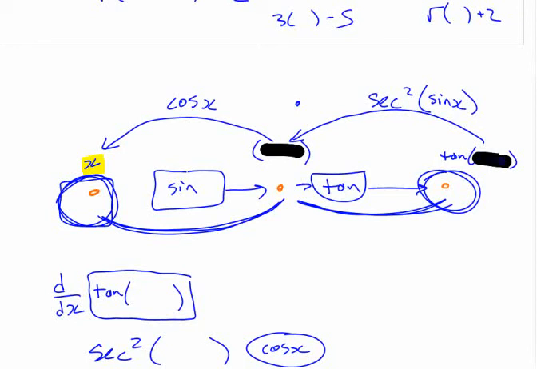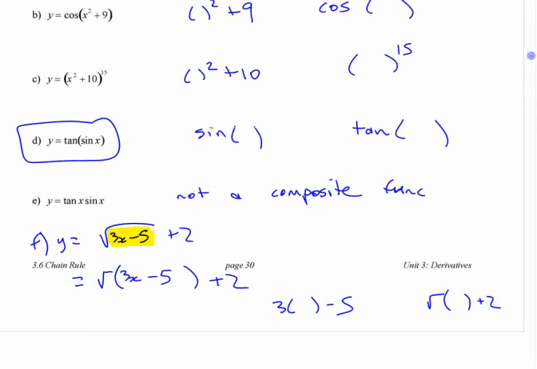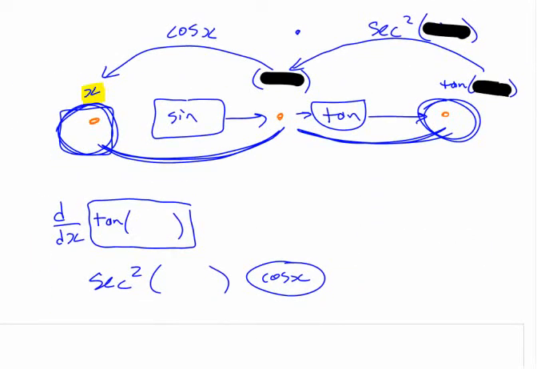Tangent of something is secant squared of that something. Then you look at what that inside function is and how it compares. So you're doing it in two stages because the function involves two stages. You're looking at how tangent of whatever that is compares to whatever that is, and how whatever that is compares to x.